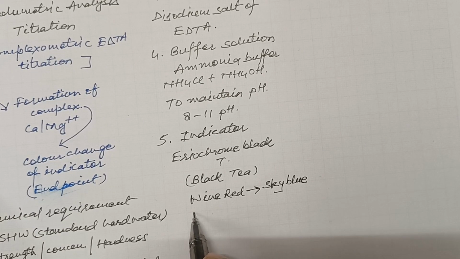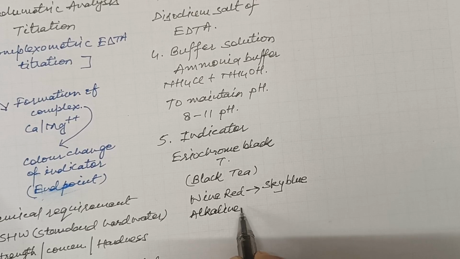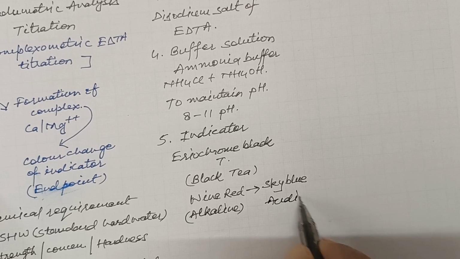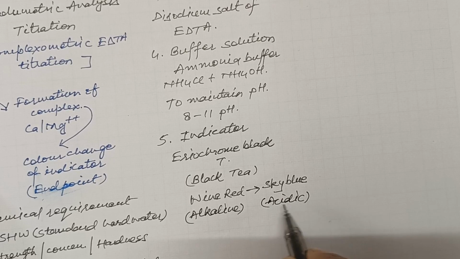In the alkaline medium, it shows the wine red color, and in the acidic medium it shows the sky blue color.